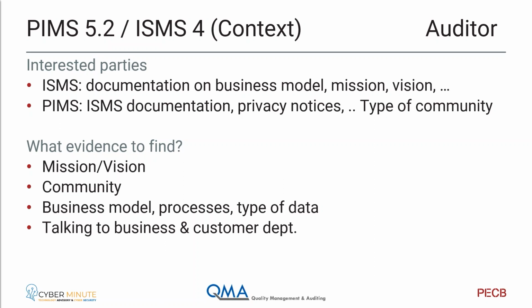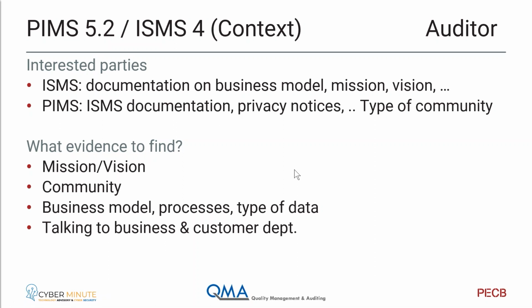Here, if you look at the PIMS, take special care that there might be a difference in interested parties depending on your role as a controller or a processor. So always look from that point of view when you set up the context of the organization. Am I a controller or am I a processor? That might give you different results in regard to the interested parties.